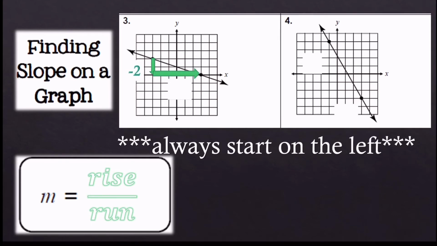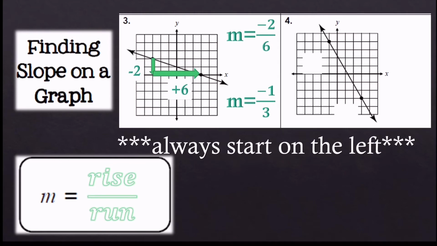I still have to move to the right to get to my next point, so that was a positive 6. Remember, rise over run. So when I write m equals, it's going to be negative 2 over 6. But remember, it must be a fraction in simplest form. Therefore, I have to simplify it. So my slope is really negative 1/3.